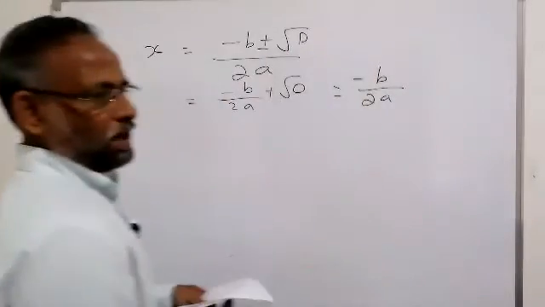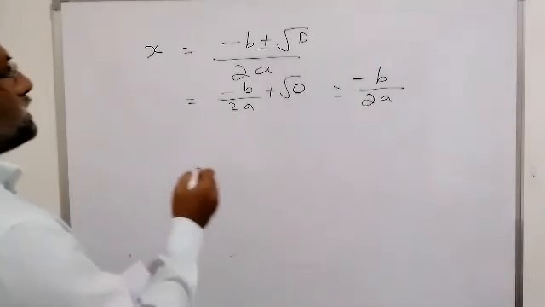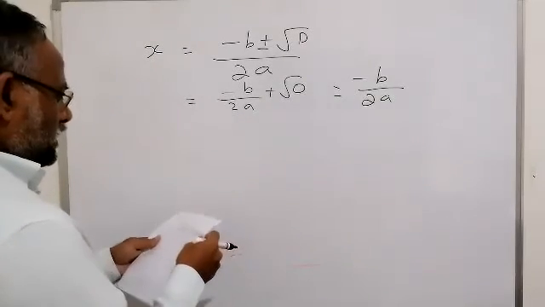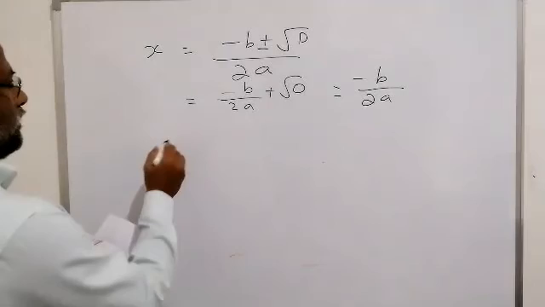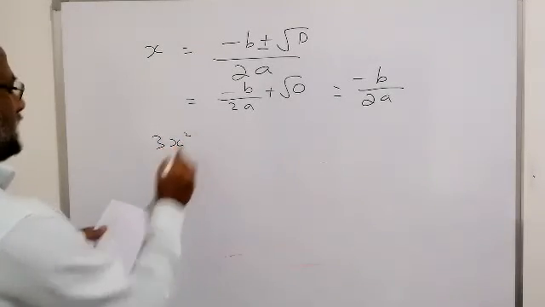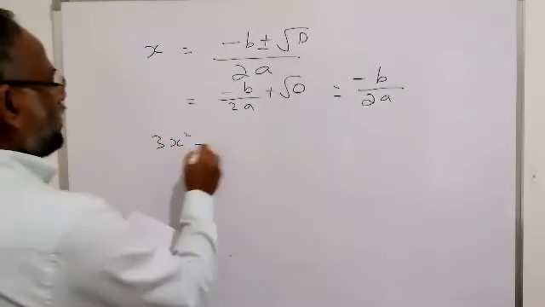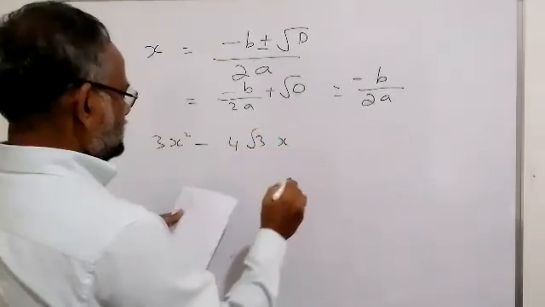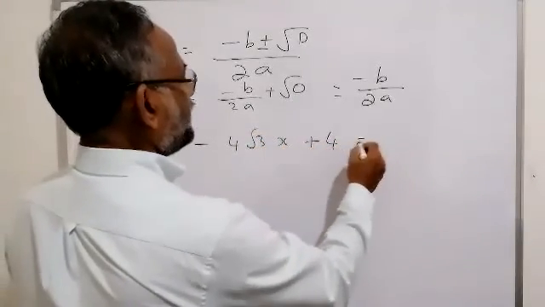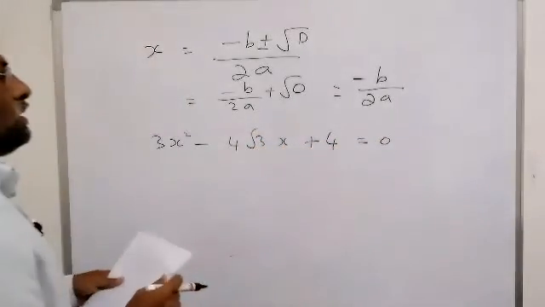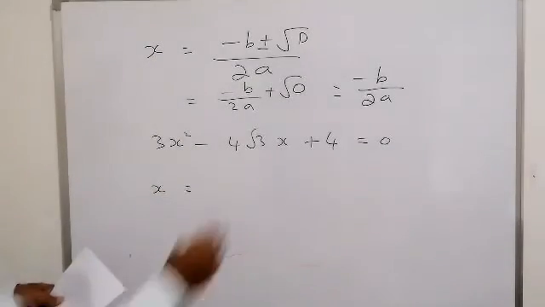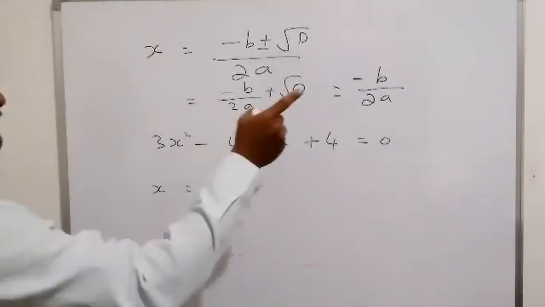Minus b by 2a. Yes, sir. What is minus b? Where is the general form? I am writing here because I rubbed it already. 3x square minus 4 root 3x plus 4, that is equal to 0. So I want x is equal to minus b.